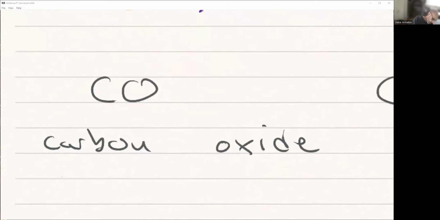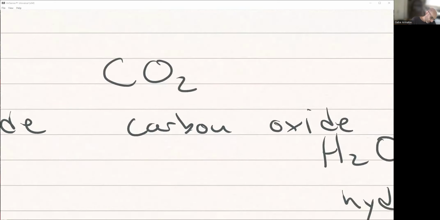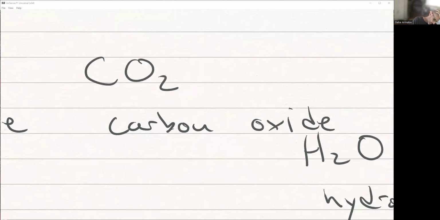So if we look at CO, monocarbon monoxide, and whenever we have 2 things running into each other, generally get rid of that second O as well. Monocarbon monoxide, but again, I never write mono for the first one. So I'm not going to write monocarbon, I'll just say carbon, indicating that there's just one of them. If I said dicarbon, that would make sense because there's more than one. This one here becomes carbon dioxide.